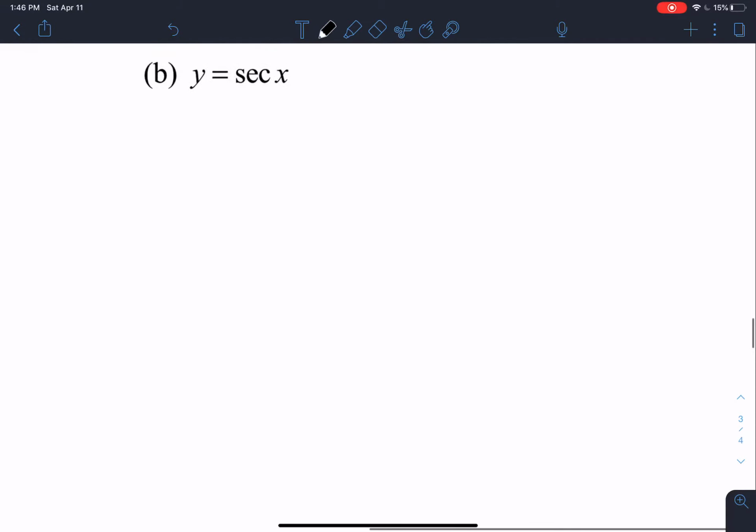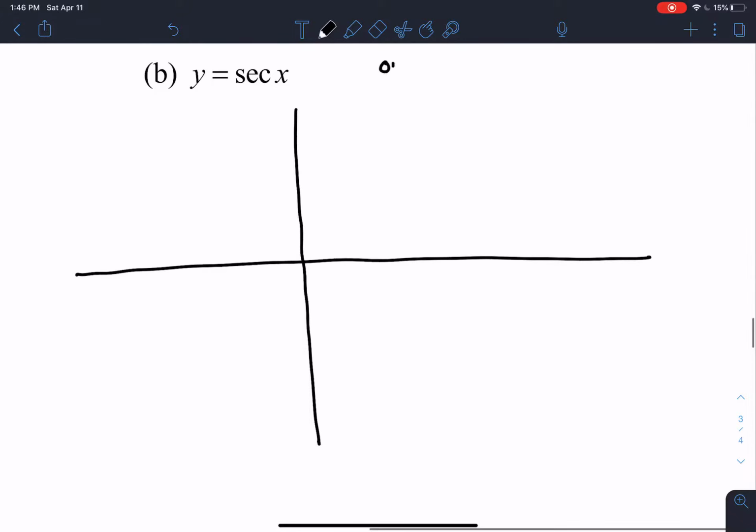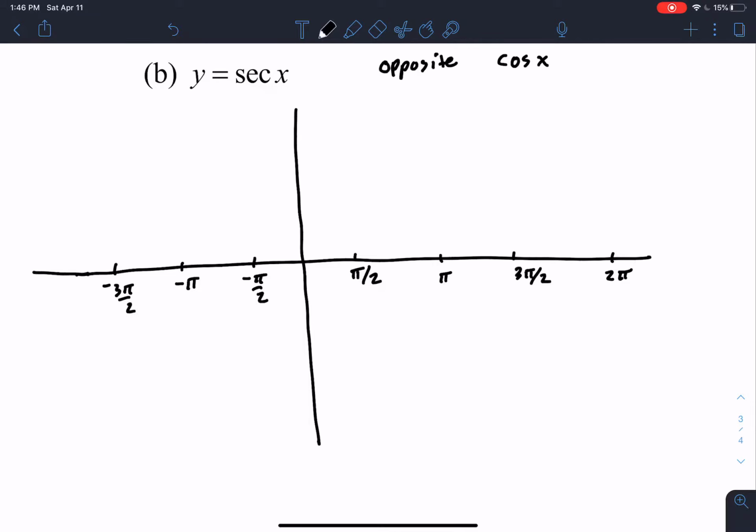And very nicely, secant you work out just the same. Secant is the opposite of cosine, so we're going to do the same thing. So pi over 2, pi, 3 pi over 2, 2 pi, going up to 1, negative 1.